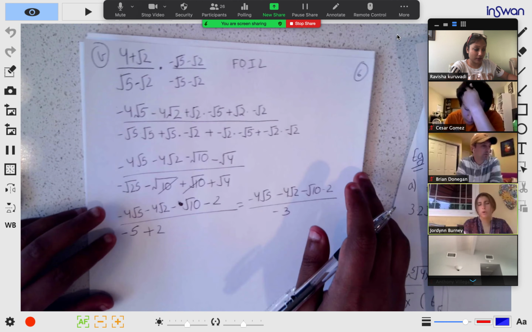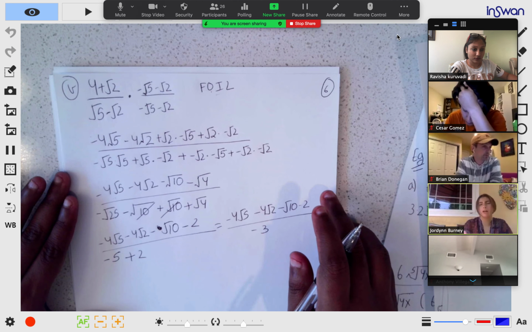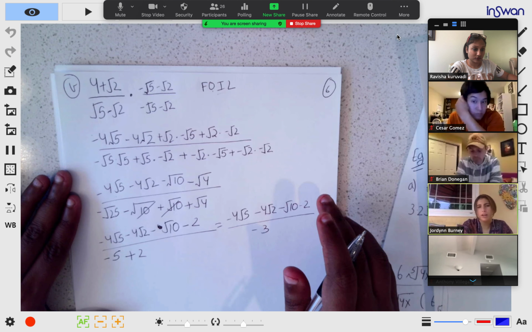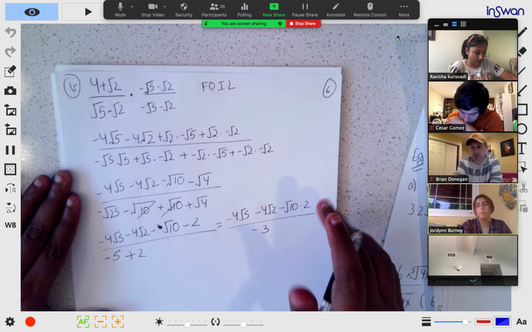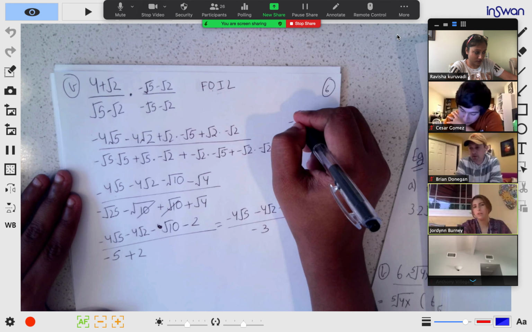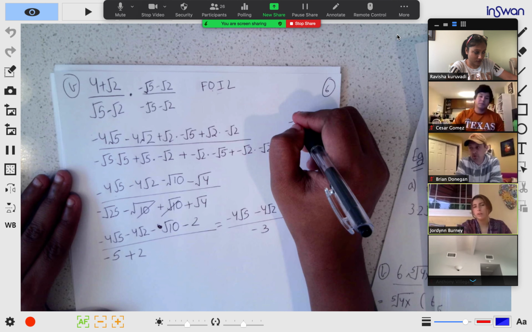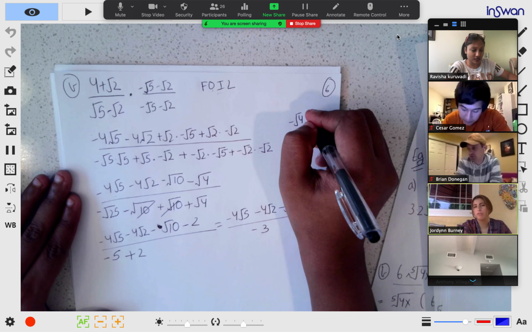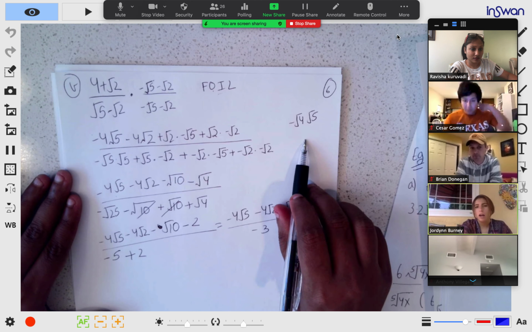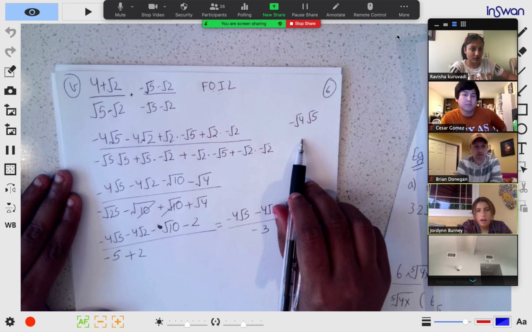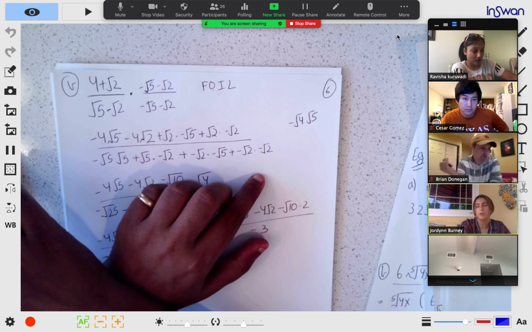For example, I know in the past, if there was negative 4 radical of 5, we weren't able to just multiply that by another radical of 5, like itself. But now we are? We never multiplied that before, so now we're doing that in this method.